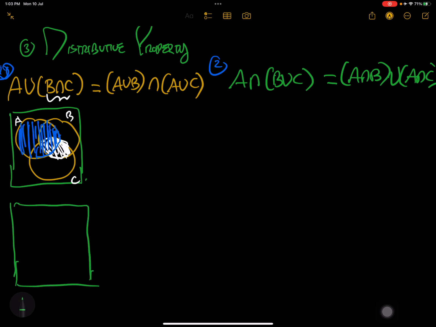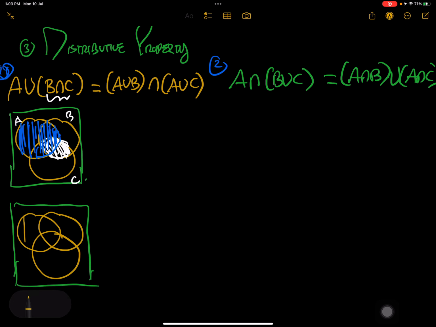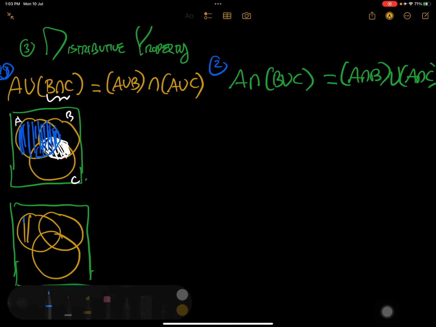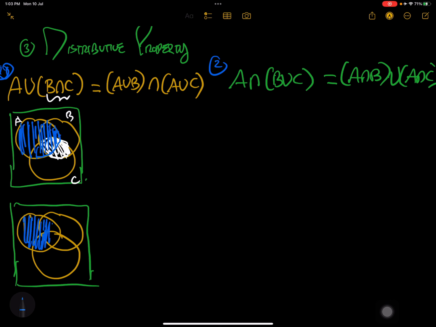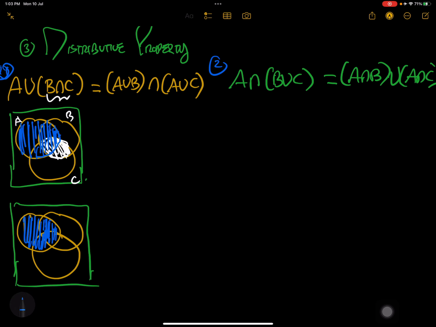What comes out, with our three yellow rings, is unionizing everything with the whole blue region, which is set A, together with this B intersection C region, and the B intersection C region is the whole of this side. So basically, the whole of A and then this side is what we are looking for to prove.